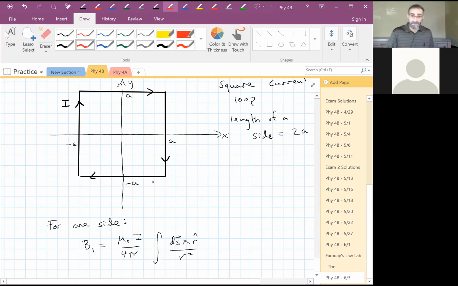Let's just do the bottom chunk. If you pick a ds on this side, your r hat is going to point back there, and you're going to get an angle greater than 90 degrees. It's a little hard to spot what the sine of that angle is. So I like to pick my ds over here, and it doesn't matter where, just any arbitrary little chunk.